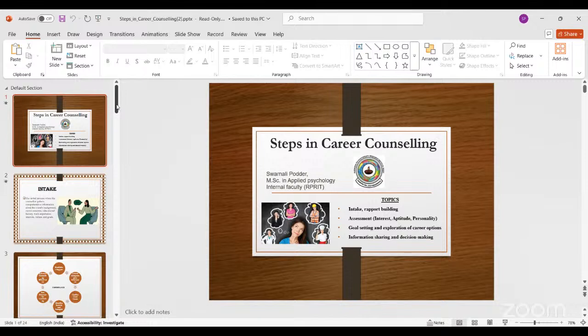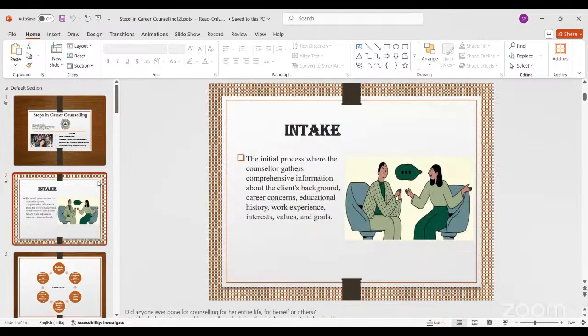Firstly we will learn what an intake form is. Am I audible? Yes, you are audible. So, what is an intake form?